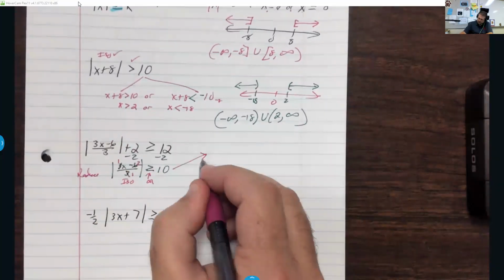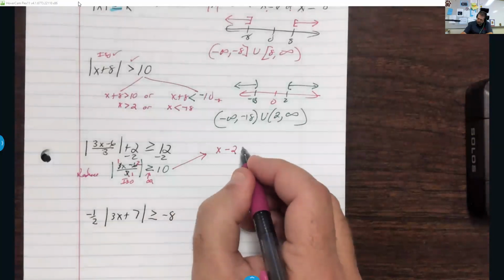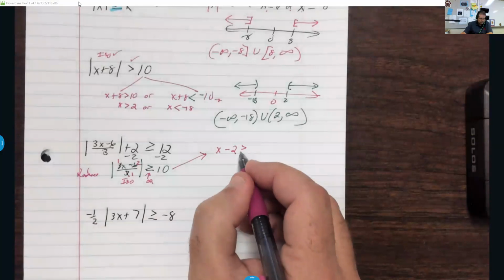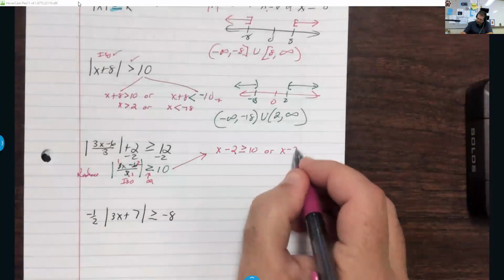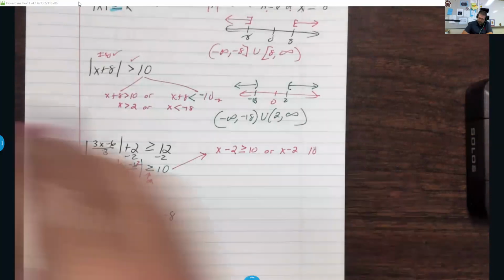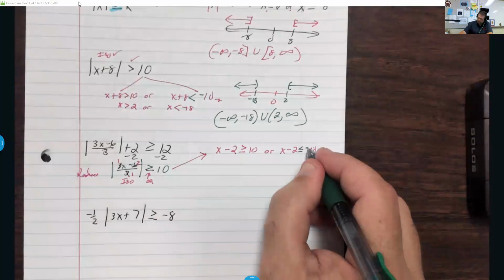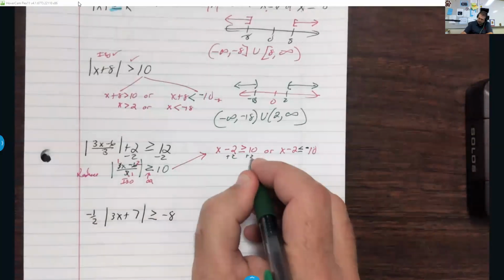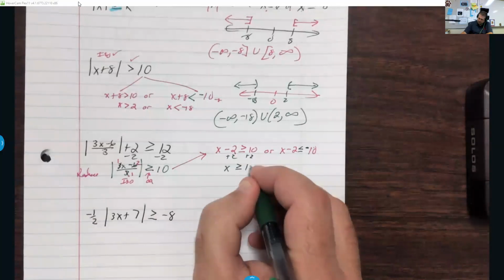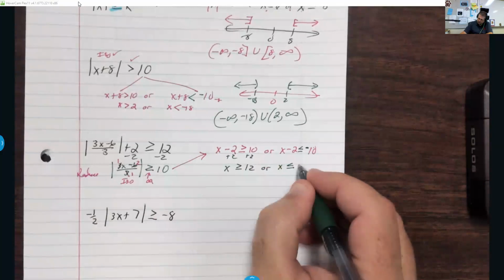So now I'm going to separate. X minus 2 is greater than or equal to 10, or x minus 2, flip it and switch it. All right, add the 2. X is going to be greater than or equal to 12, or x is going to be less than or equal to negative 8.